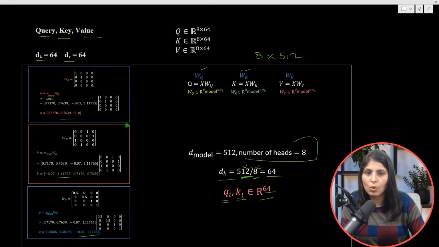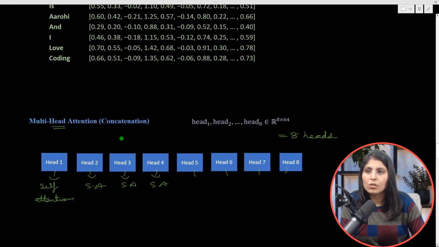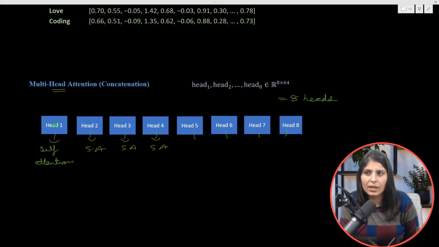Okay, let's discuss this in more detail. So the number of heads is 8. That means 8 times the self-attention task is getting performed, and 8 times we are calculating query, key, and value vector for each token. First, let's talk about this first head. We performed self-attention, and after that we got a matrix of size 8 into 64.